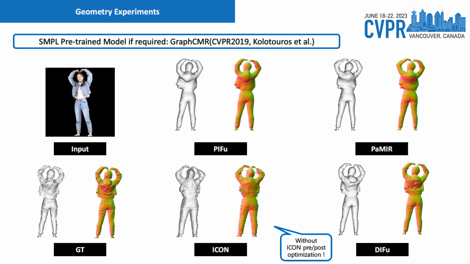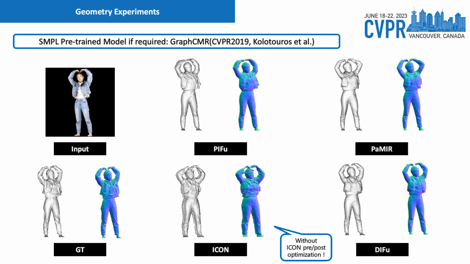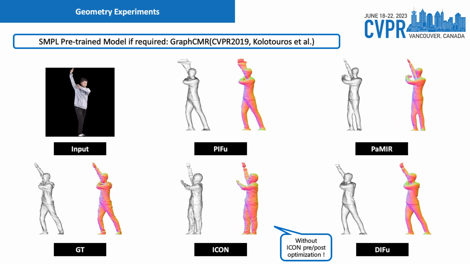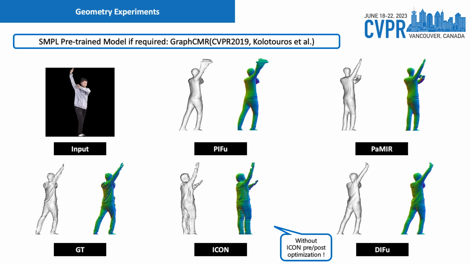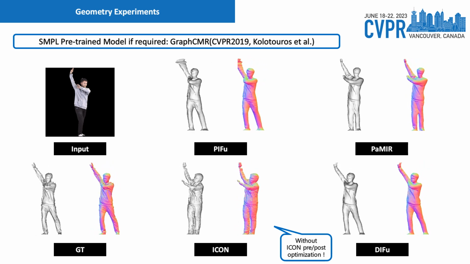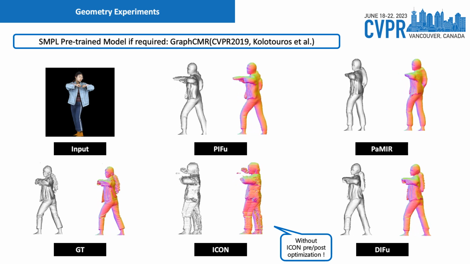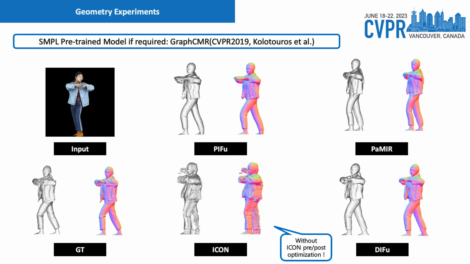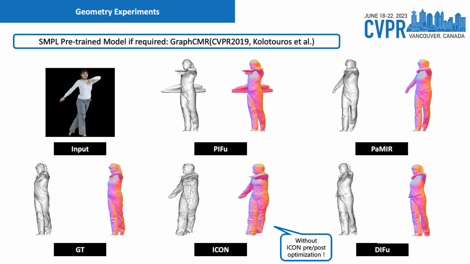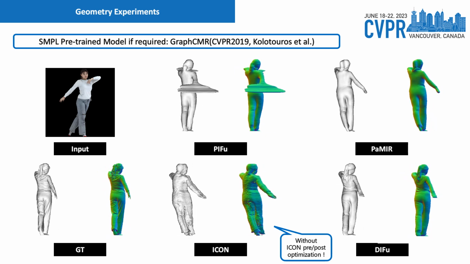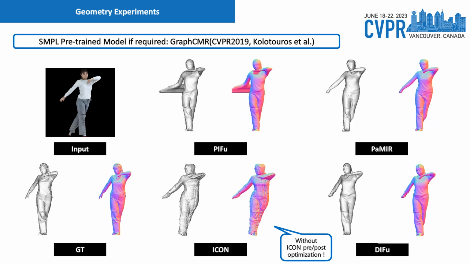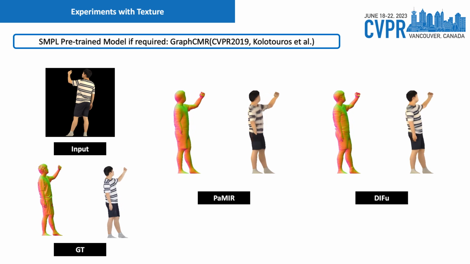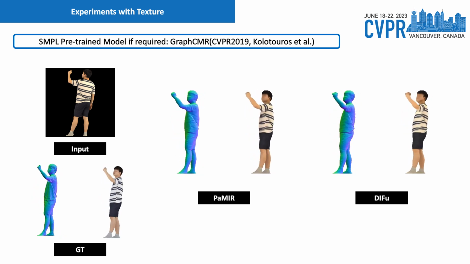In the geometric experiments, we can focus on the limitation of parametric models in capturing hair or clothes, and the issue of oversmoothing on the backside. In the texture experiment, we can observe the awkward colors on the backside.